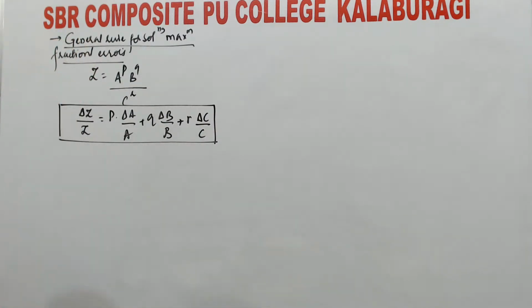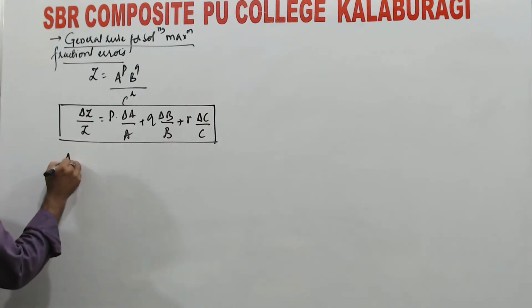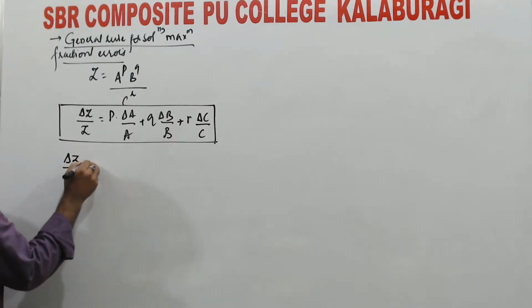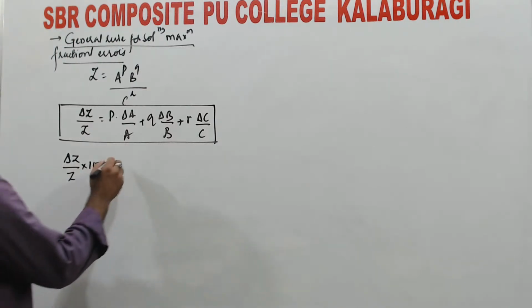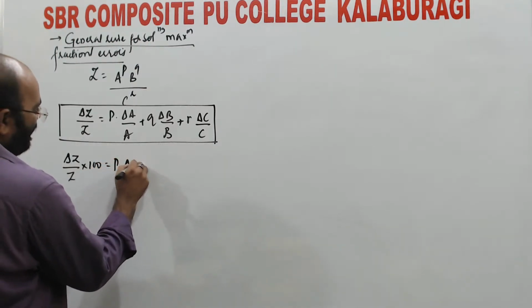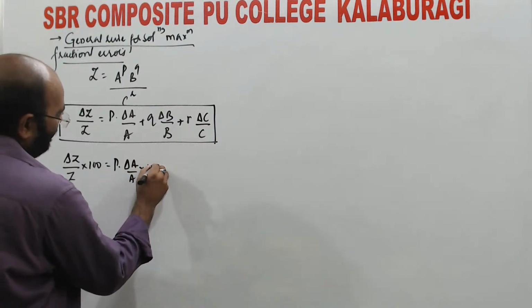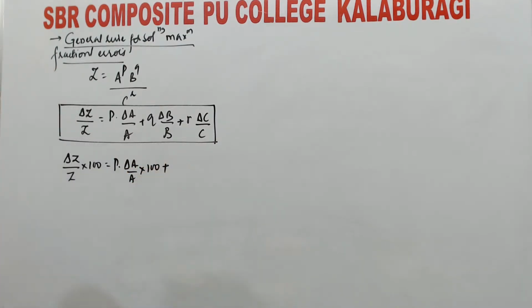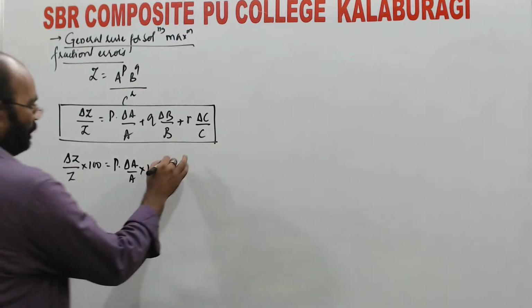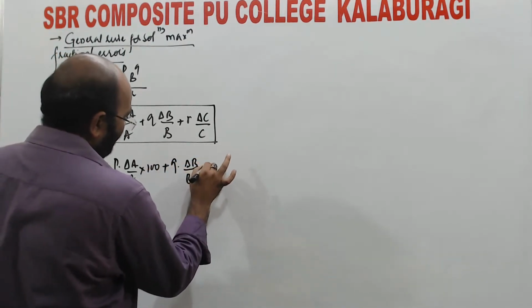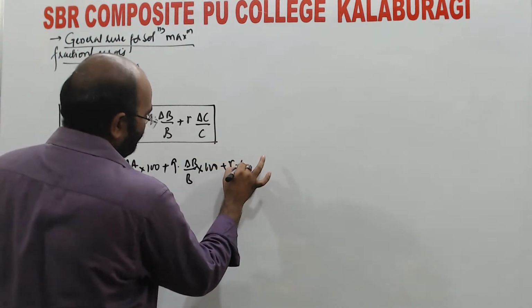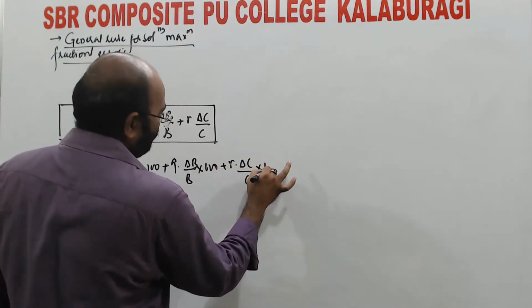Then the percentage error for this is delta Z by Z multiplied by 100. That's for percentage error. Similarly, p into delta A by A into 100, plus q into delta B by B into 100, plus r into delta C by C into 100.